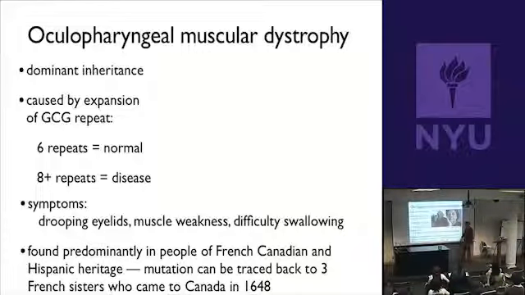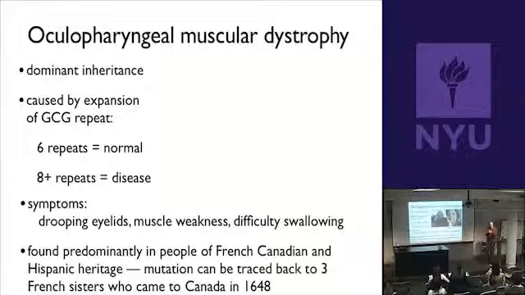So French Canadians and also people of Hispanic heritage. And what's interesting about this, and why it was reported a few years ago, is that through the DNA analysis, combined with historical analysis, you can actually identify where that bottleneck event happened.